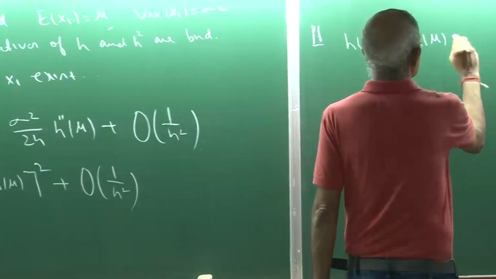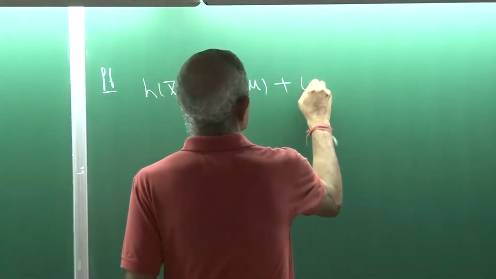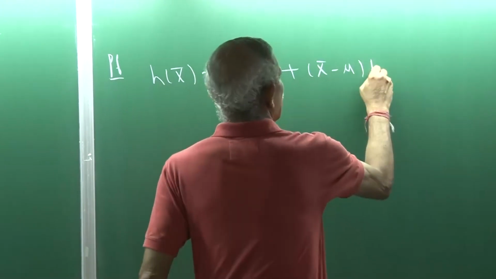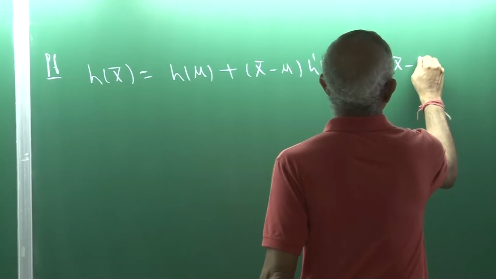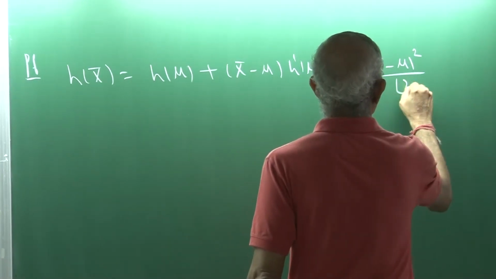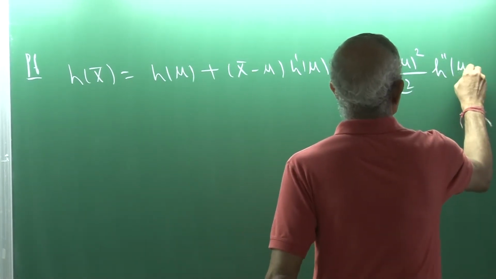So h of x bar is the same as h of mu plus x bar minus mu h prime mu plus x bar minus mu whole square by factorial 2 h double prime mu.